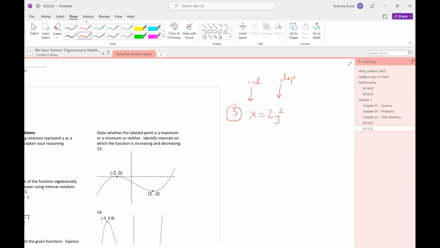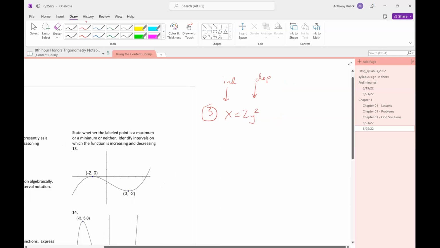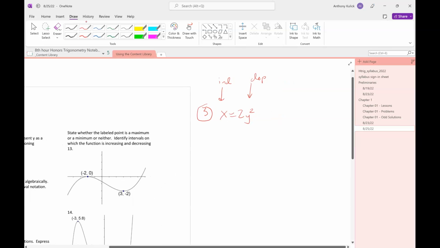So, one way I could do this is I could pick a value for x and see if I can get more than one value for y. So maybe we say, let x equal 2.